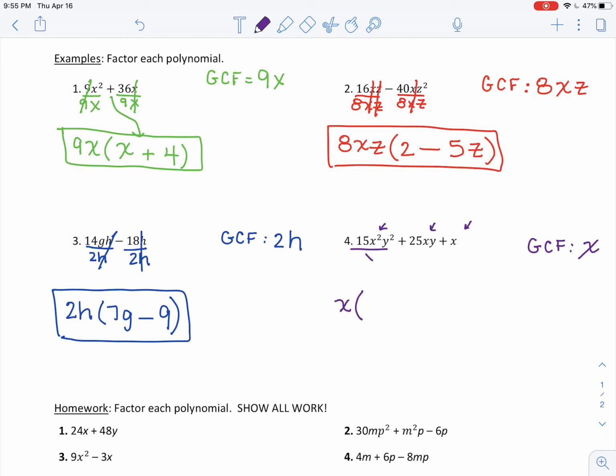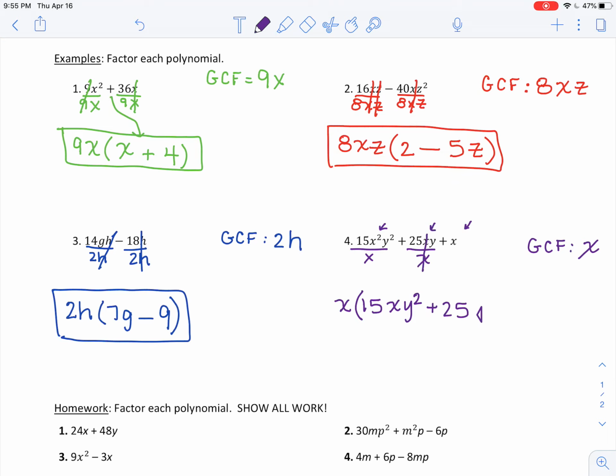Divide everything by x. So in the first term, 15 stays the same. X squared divided by x is x. And the y squared stays as it is. Then I have a plus sign. When I divide the second term by x, 25 stays as it is. X divided by x cancels.